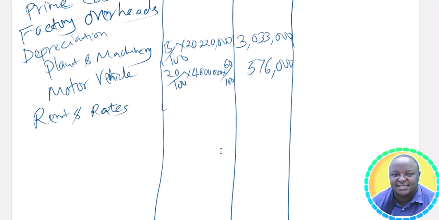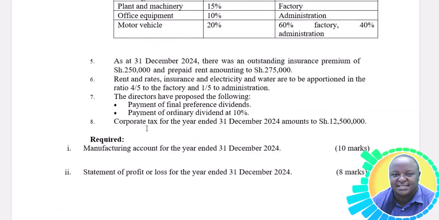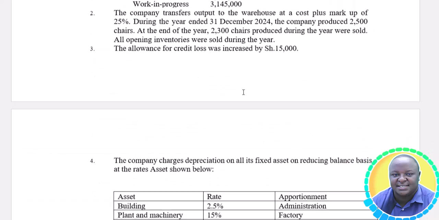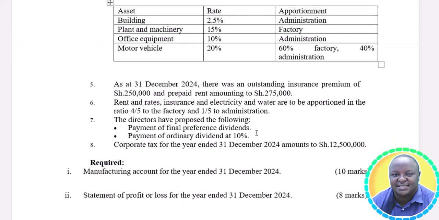We will check on rent and rates, which is 3,609,360, but we are being told there's a prepaid rent amounting to 275.